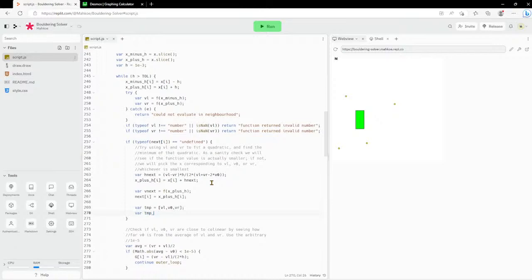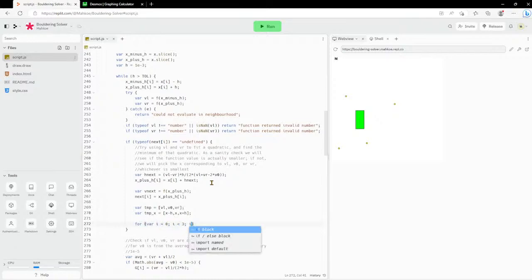X is equal to X, whatever. X minus H, X, X plus H. You know what?